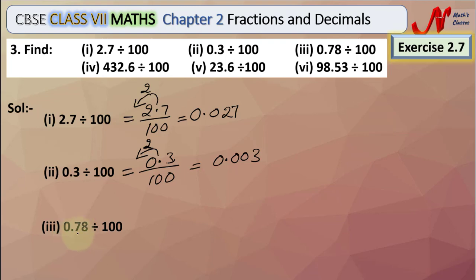Next we find the value of 0.78 divided by 100, which can be written as 0.78 by 100. In the denominator we have 2 zeros, so we shift the decimal point 2 places to the left. So we can write it as 0.0078.